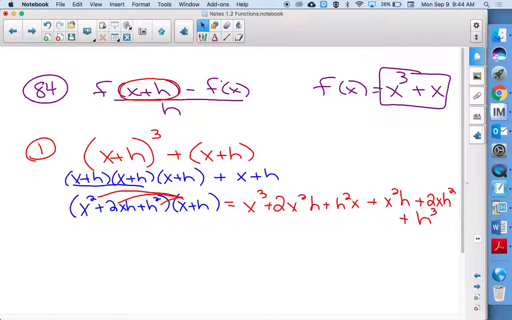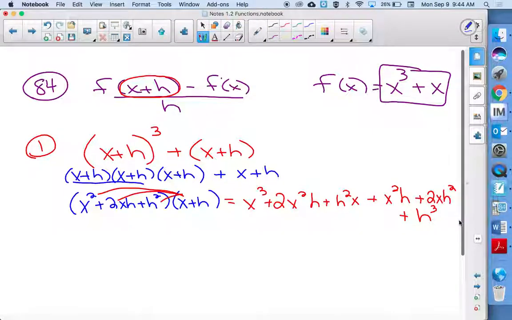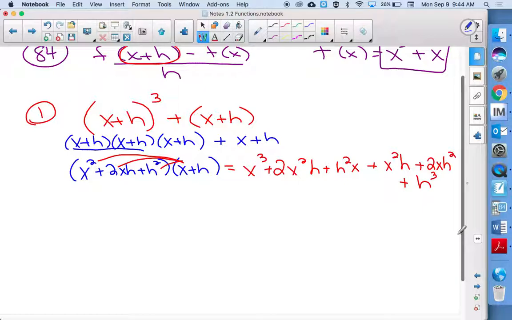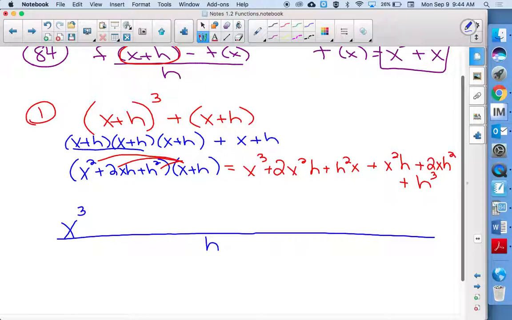So Hannah, if you combine all those together and simplify it, what does that give you? I know we have an x cubed. What other like terms are up here to combine? 3x squared h. Good.